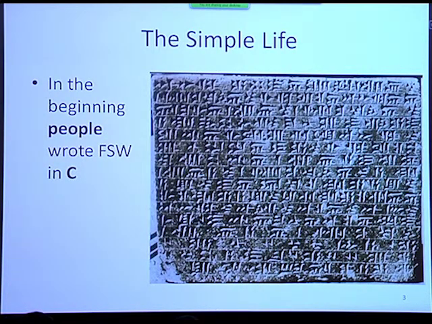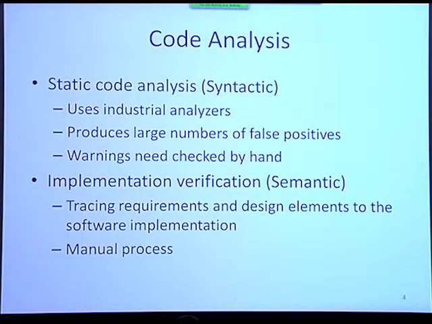In the beginning, people wrote flight software in C, and we have Noah's quaternion transformation here that you can see. The way we go about doing code analysis, we have two different approaches. One is to use static analysis, using Klocwork, LDRA, Flexelint, those kinds of things, to find problems that get through the compiling process.